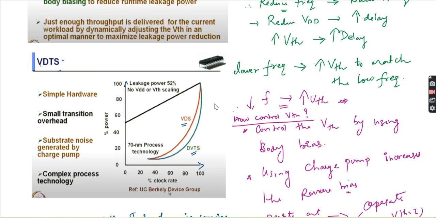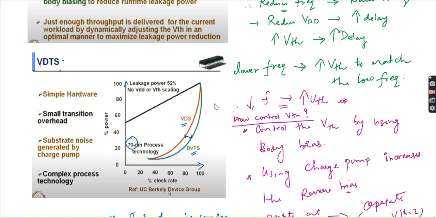Now we can see VDS and DVTS. In VDS, as the clock rate reduces or increases, for your 70 nanometer technology, your VDS will increase. But at the same time you can see the DVTS gets reduced somewhat. You can see the difference.